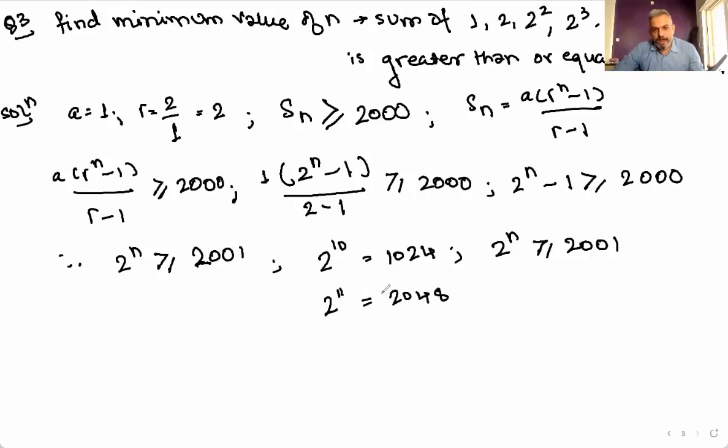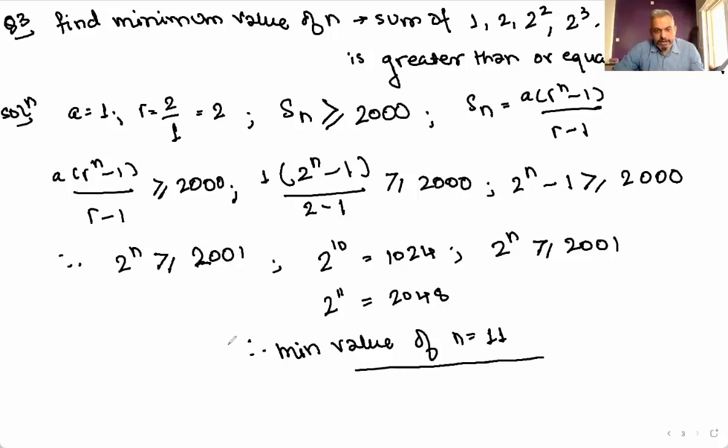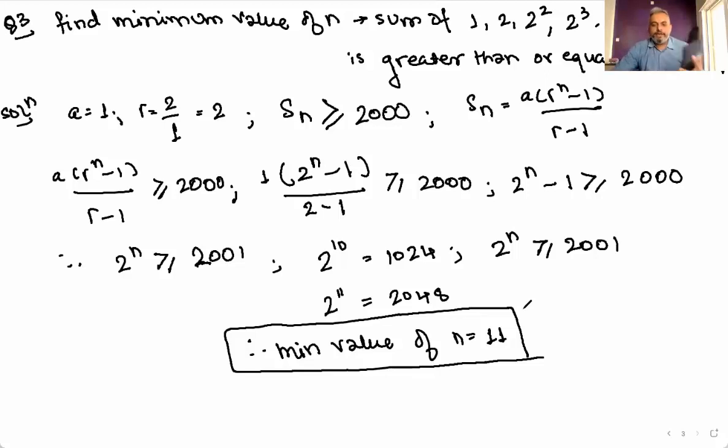So minimum value of n will be 11. That means at least 2 raised to 11 will be greater than or equal to 2001. Answer.